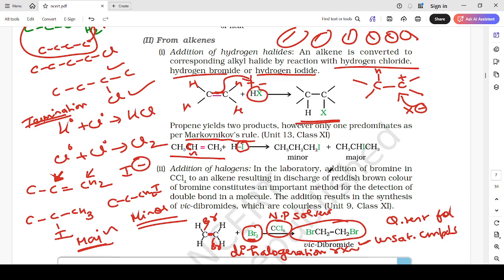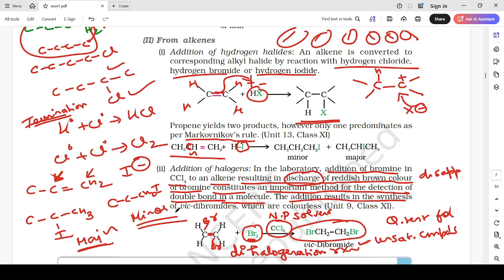In the laboratory, addition of bromine in CCl₄ to an alkene resulting in discharge of the reddish brown color of bromine constitutes an important method for the detection of double bonds in a molecule. What is this discharge? That means disappearance. No longer it is available. It went out. The addition results in the synthesis of vicinal dibromide.